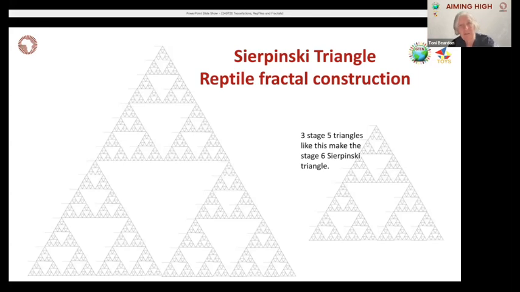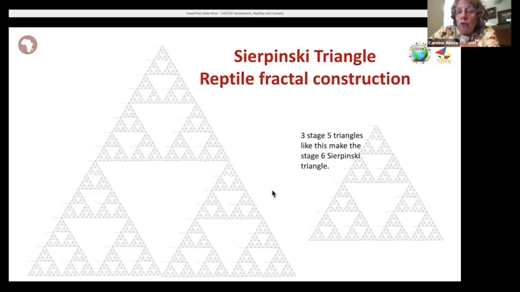I've introduced this as a reptile, and I think it's fun. We link it up with a lot of mathematics to the Sierpiński triangle, a lot of simple mathematics too: areas of triangles, lengths, and perimeters. And purely the concept of scaling, just getting familiar with the concept of scaling.